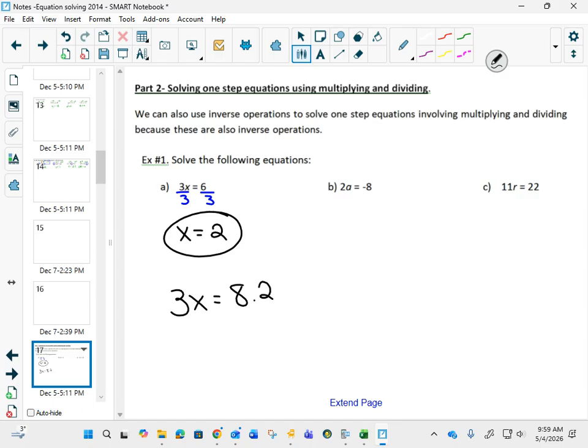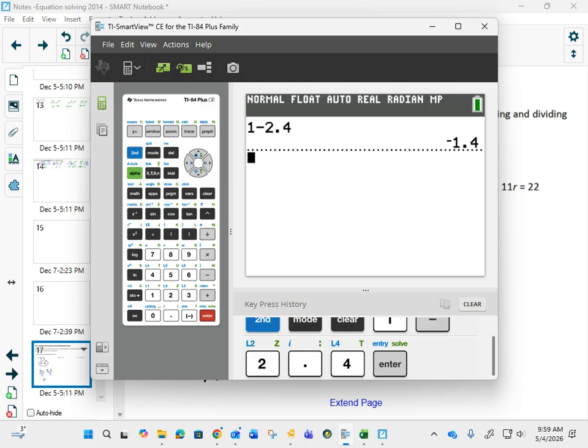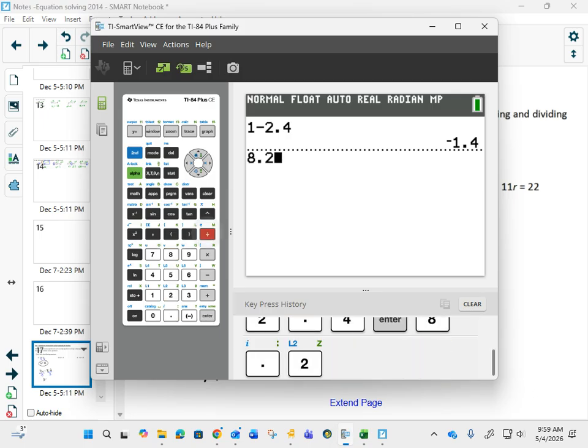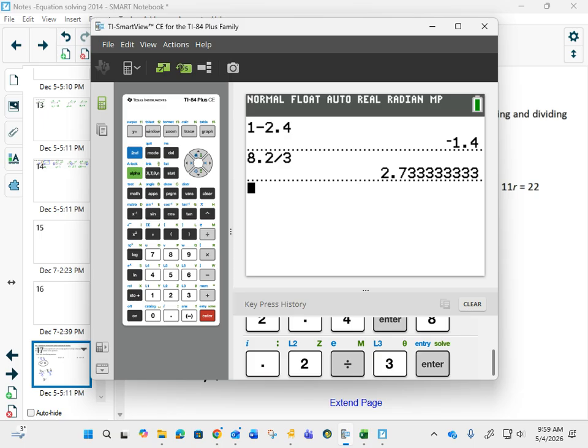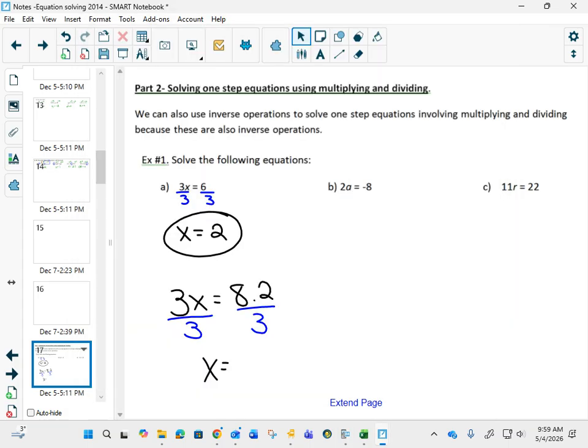But you can't rely on that because sometimes you're going to get questions like this one, and you're like, I don't know. So what do I have to do? I have to divide both sides by 3 because that's the opposite of multiplying by 3. That gets my x by itself. And I would have to go to my calculator and do 8.2 divided by 3. Oh yeah, I would have never guessed 2.73 repeating was my answer.